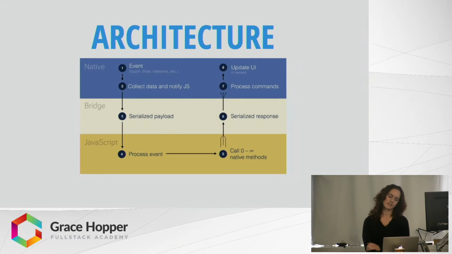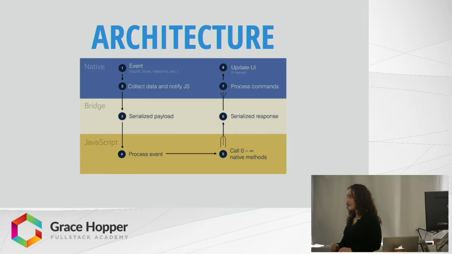OK, so the other important thing we need to know, besides the packager, is the bridge. This is a very oversimplified representation of the architecture of React Native. And I'm going to talk a little bit about the bridge. So we have three layers. We have the native layer, this is where all the native gestures happen.